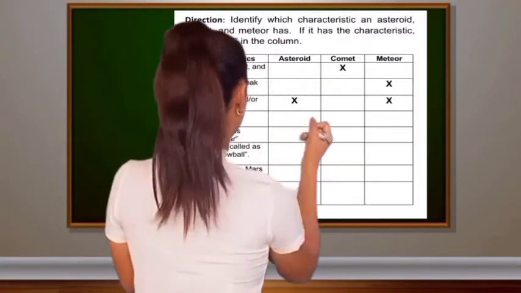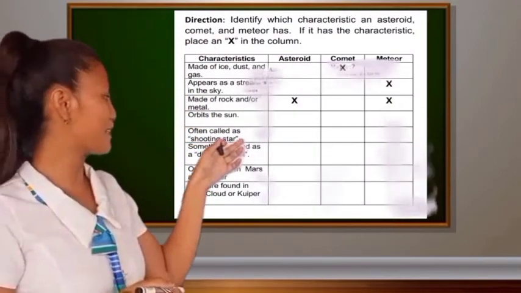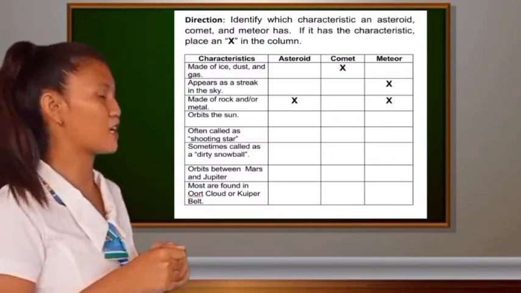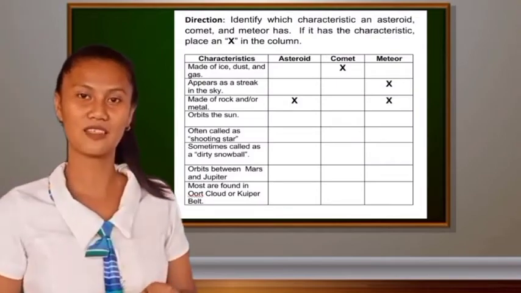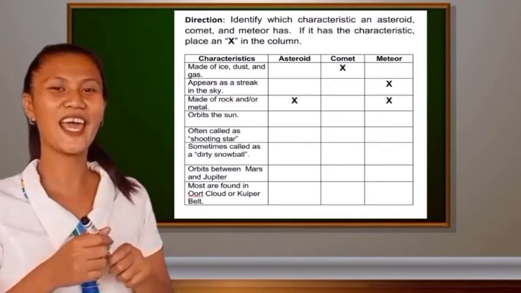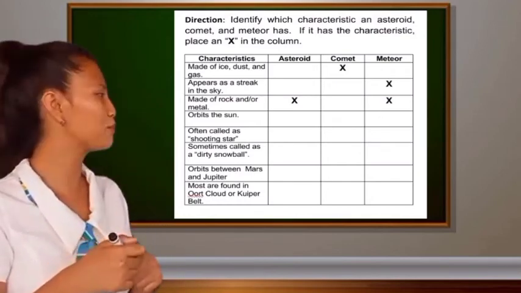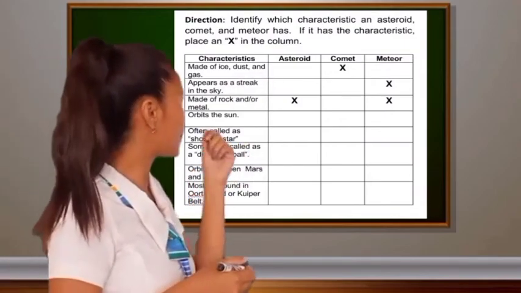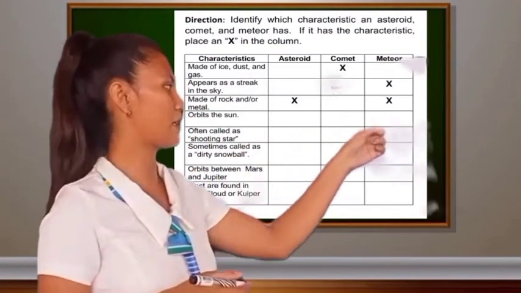Okay, now how about orbits the sun? Do you think this is the characteristic of an asteroid, comet, or meteor? Okay, thank you so much for that, group 2. Yes, orbiting the sun is actually the characteristic of an asteroid, comet, and meteor.